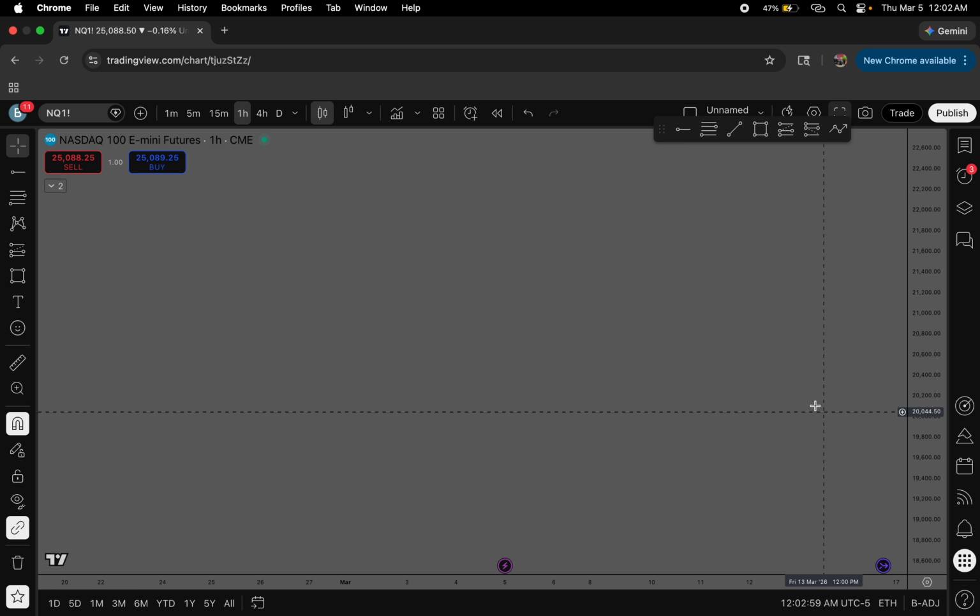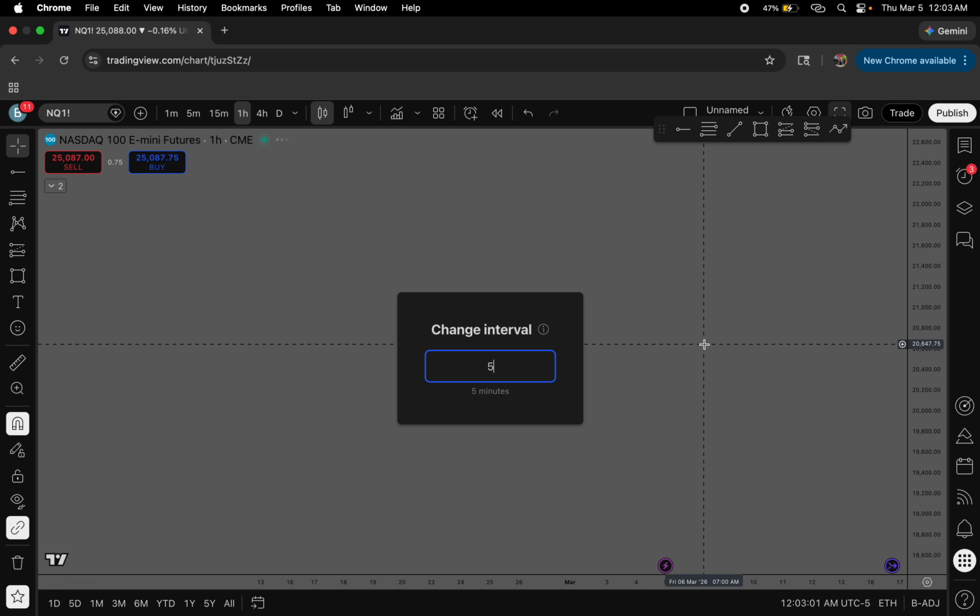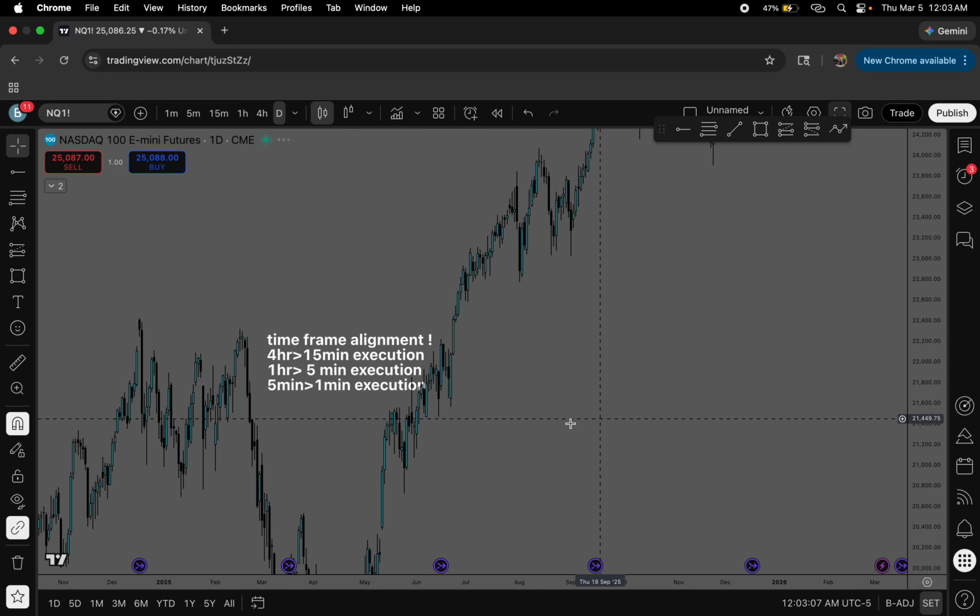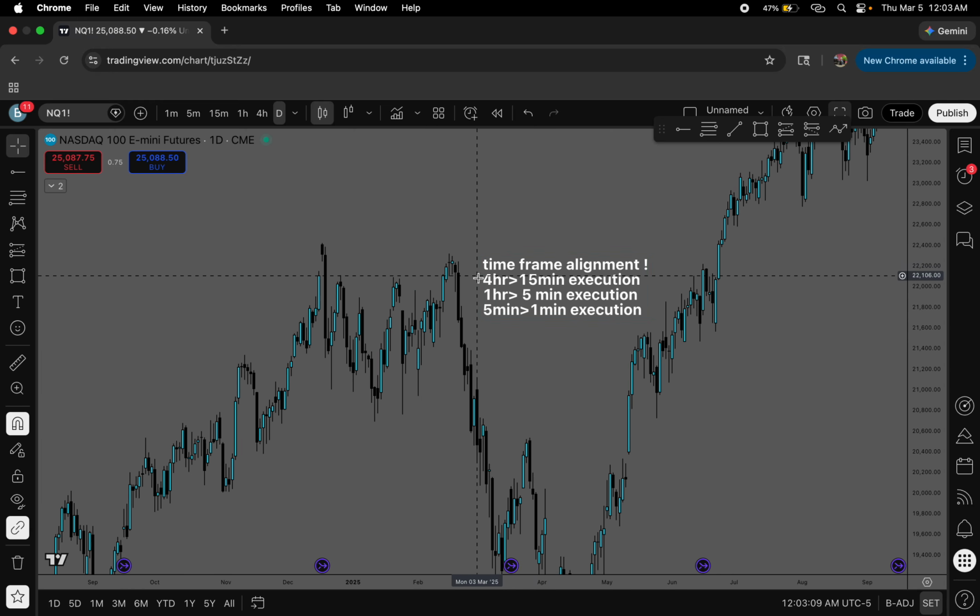What the hell just happened? Where the hell did my chart go? Okay. Yeah, it's not going to look the same.